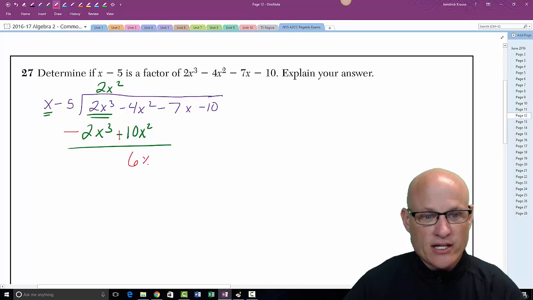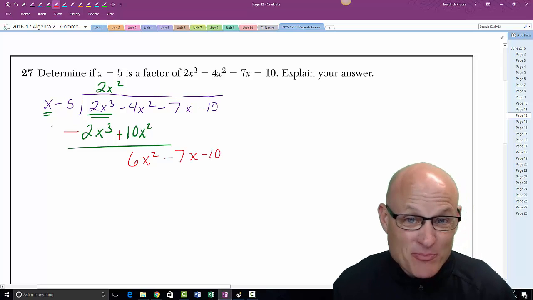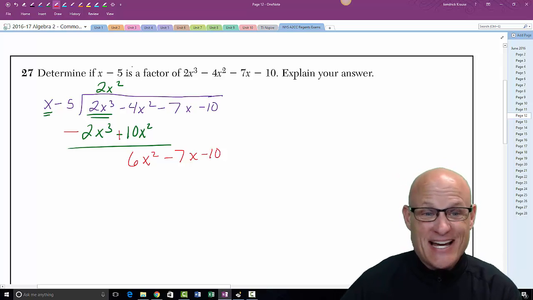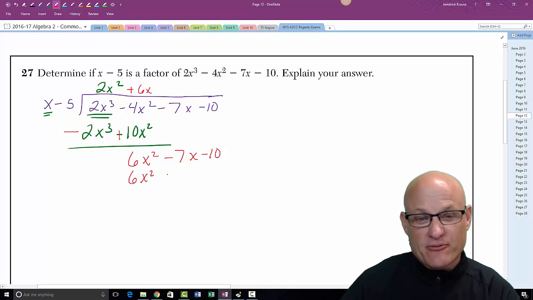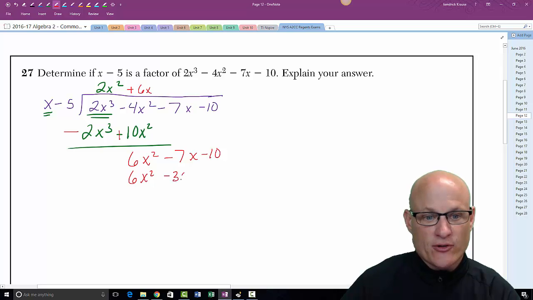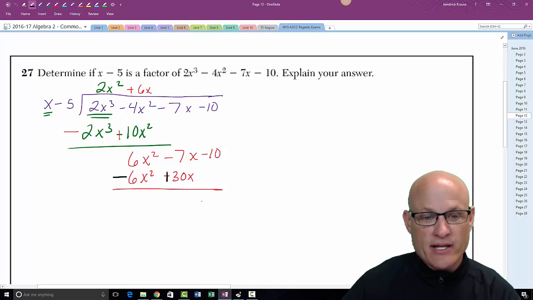So I get 6x squared minus 7x minus 10. What do I have to multiply x by to get 6x squared? I got to multiply by 6x. So that gives me 6x squared, and 6x times negative 5 is negative 30x. Remember, you're going to subtract both of them.